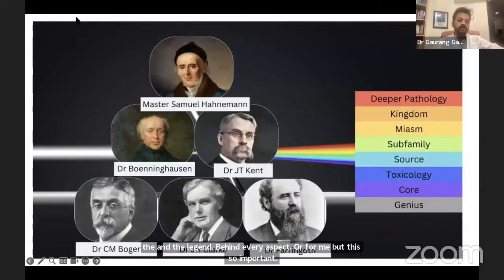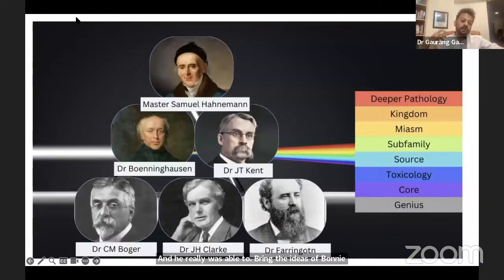And we can't talk about Bonninghausen and not talk about Boger, the great Cyrus Maxwell Boger. He was able to bring the ideas of Bonninghausen and Kent to the center. He understood the ideas of generalities and concomitants, and also Kent's ideas of mind symptoms, of understanding the mental qualities, of understanding deeper aspects.